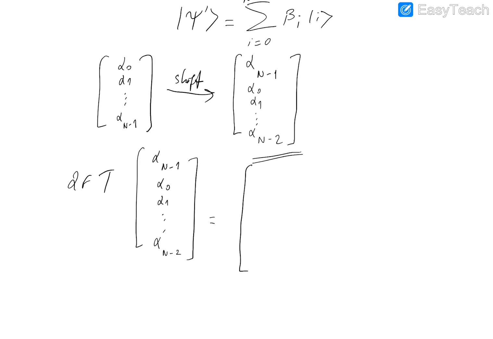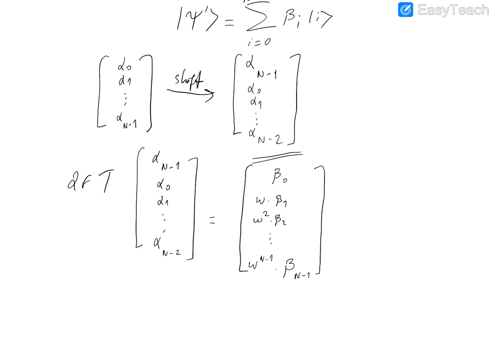So QFT applied on alpha n minus 1, alpha 0, alpha 1, up to alpha n minus 2 is equal to 1 times beta 0, omega times beta 1, omega squared times beta 2, up to omega to the power n minus 1 times beta n minus 1. So if we shift the input vector one row down, the output distribution doesn't change, except that it picks up a phase coefficient here.